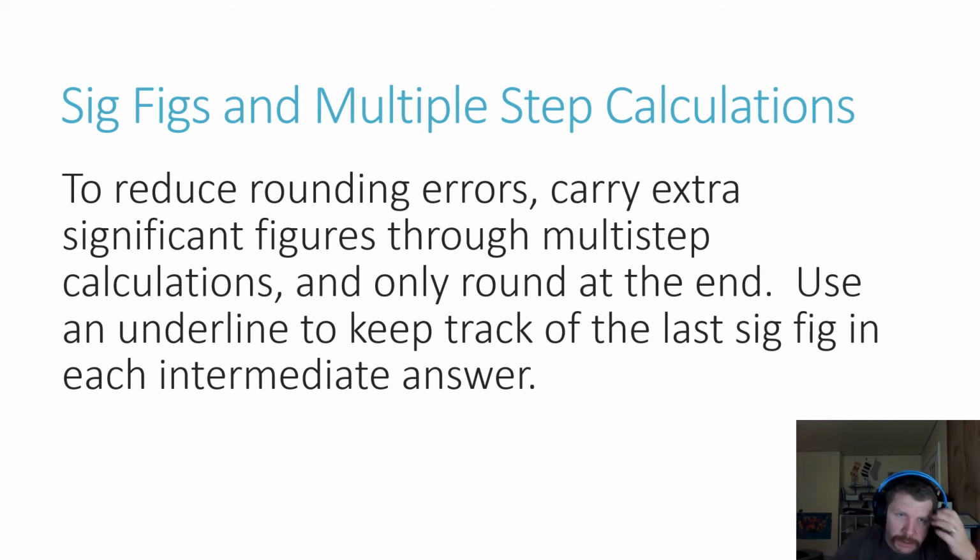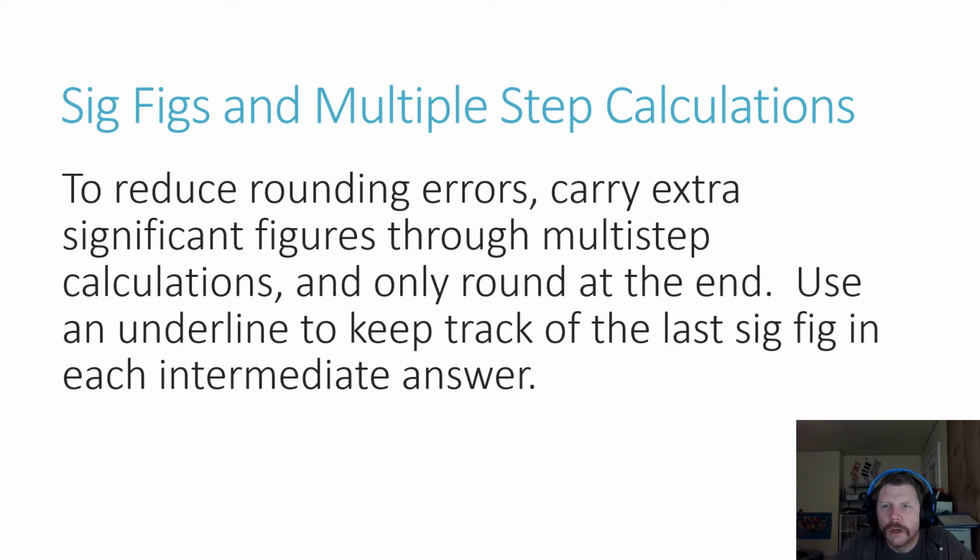To reduce rounding errors, we carry extra significant figures through multi-step calculations and only round at the very end. Use an underline to keep track of the last sig fig in each intermediate answer.